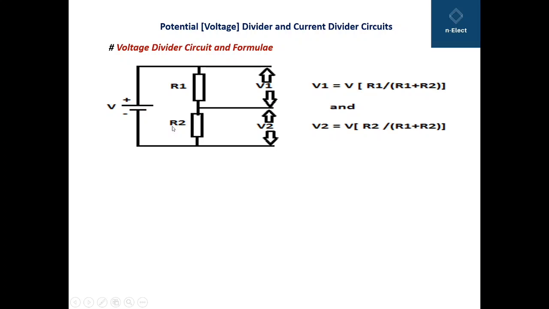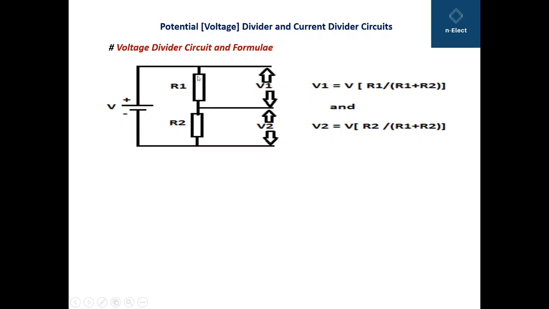V divided by R1 plus R2 gives me what? V, that is voltage, divided by R1 plus R2, since they are in series, gives me the total current which starts from the positive terminal of the battery, flows through R1, flows through R2, and reaches the negative terminal. Now the question is, what is the voltage which I will get across R1?